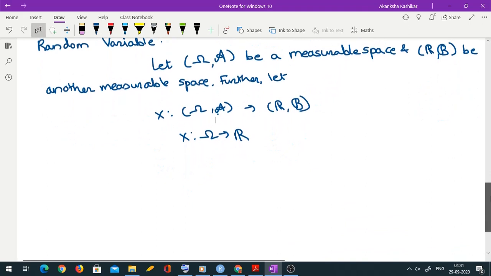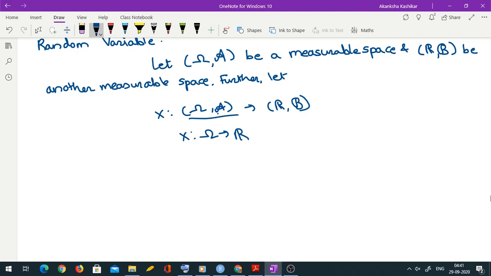Okay, so X is defined from omega to R. X is some function. Okay, what are the conditions? It can be defined on anything. So omega can be anything. Script A is of course a collection, a sigma field over some subsets of omega. It does not have to have all subsets of omega. Borel sigma field, of course you know.